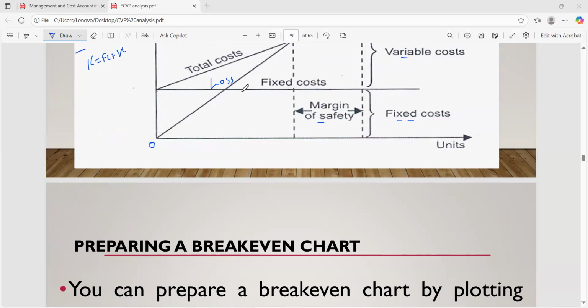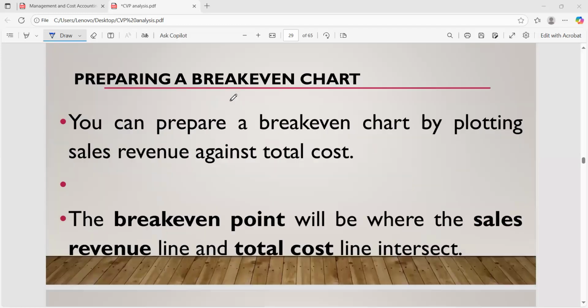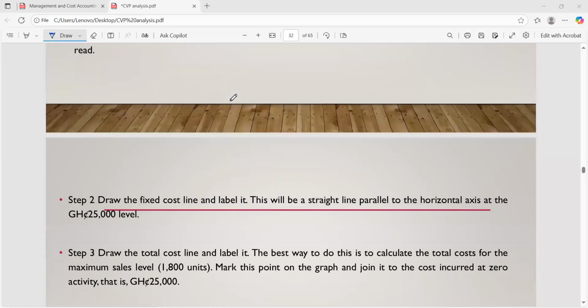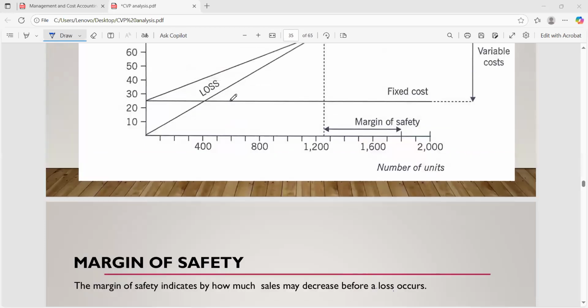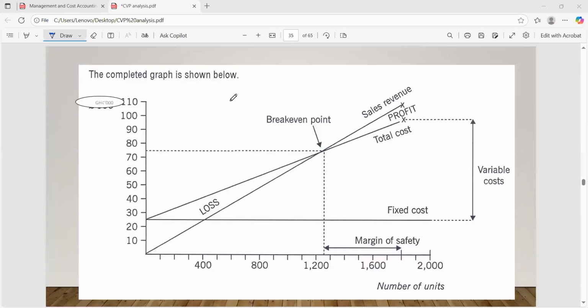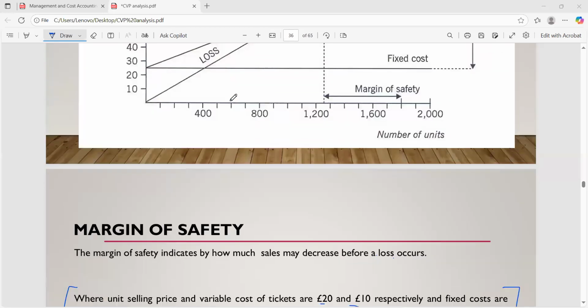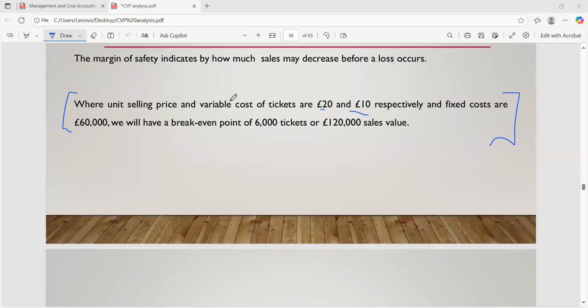Margin of safety basically would be your budgeted units. You can read the question for the diagram. I'll share the question with you.